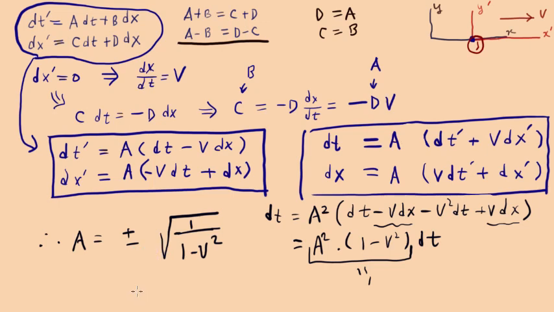It would be really surprising if the clock was moving backwards just because it was moving. You can't just reverse time by having the clock moving. And so the negative sign is unphysical, so we choose the positive sign. So then a is 1 over the square root of 1 minus v squared, and this is what we commonly refer to as gamma in the special relativity literature.